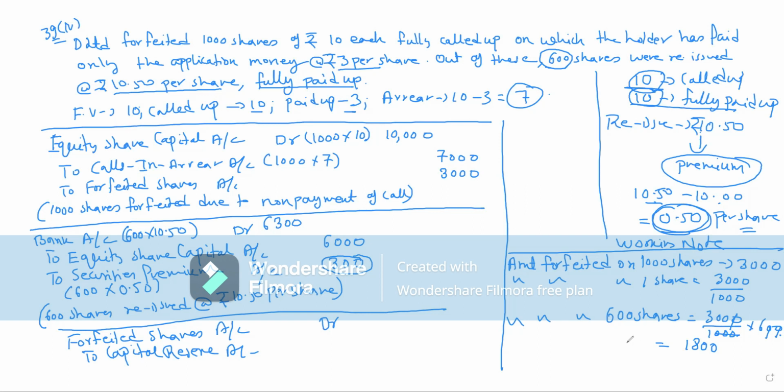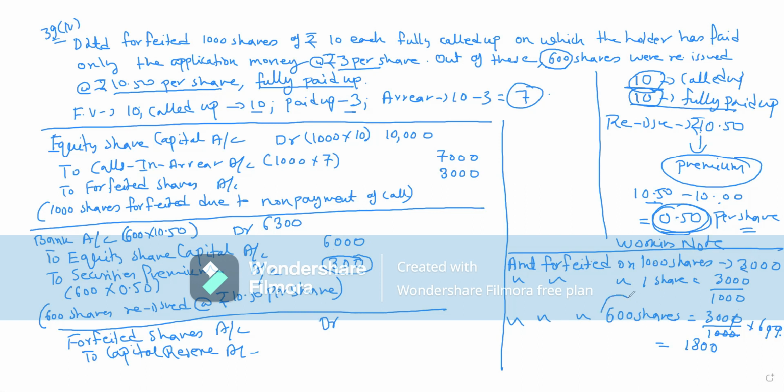Whenever you reissue shares at a discount, you will subtract the discount; but whenever you reissue shares at a premium, you will not add the premium amount to calculate capital reserve.